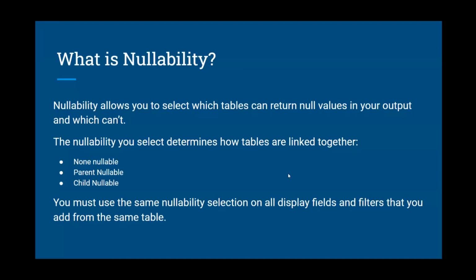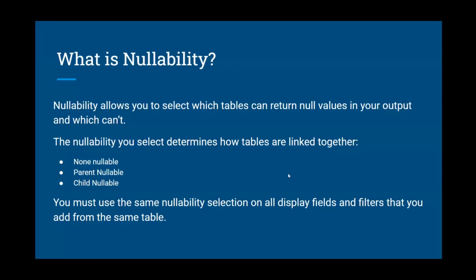Parent nullable means that only null values in the parent table, so the higher level table, will be included in the report. So if that parent table has null values, your output will reflect that. But if the table you link to has null values, those will not be included in your output.